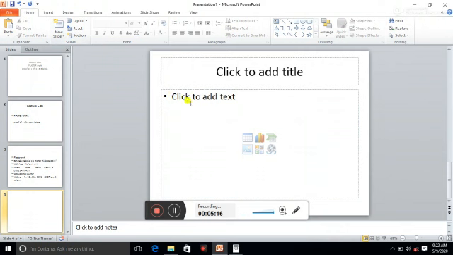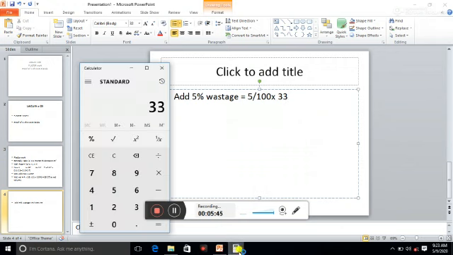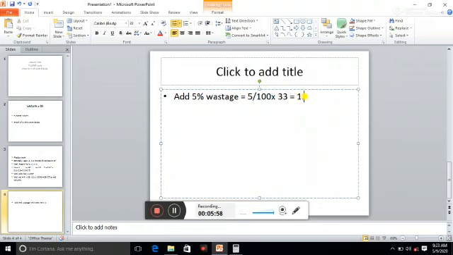Now we will add 5 percent wastage. Okay, so 5 divided by 100 multiplied by 33, where 33 is the wet volume, will give 1.65 cubic feet.